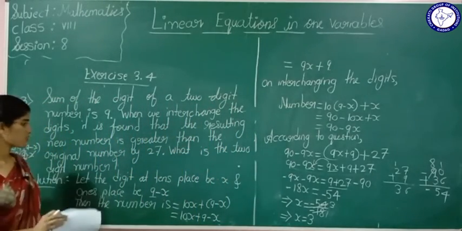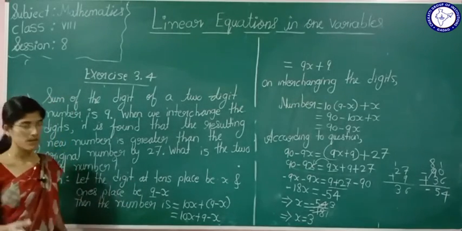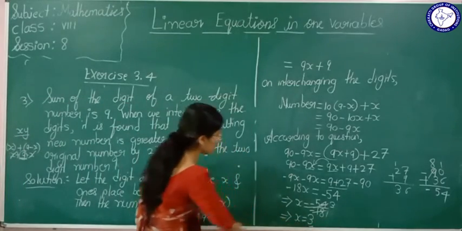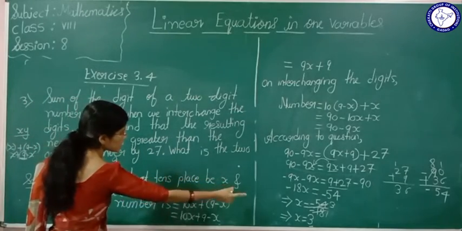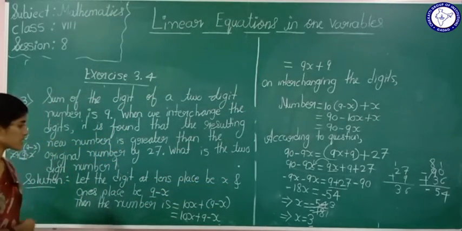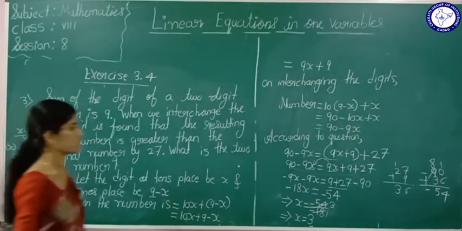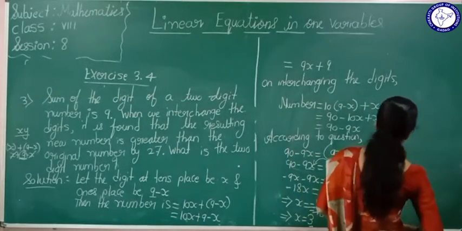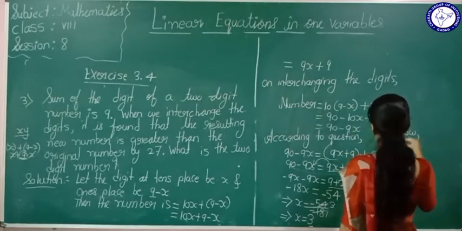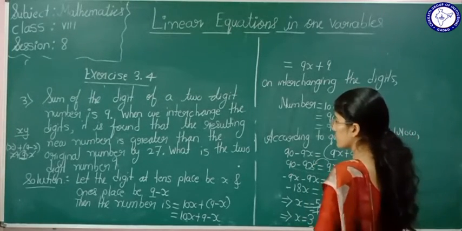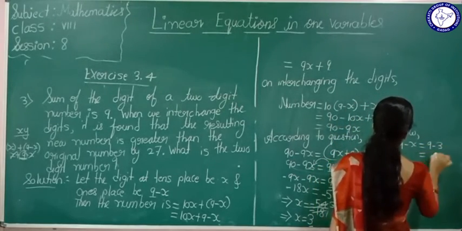They asked what the two-digit number is. We got x is equal to 3. We assumed the digit at tens place is x, so it is 3. Then the ones place digit is 9 minus x, which is 9 minus 3, equal to 6.